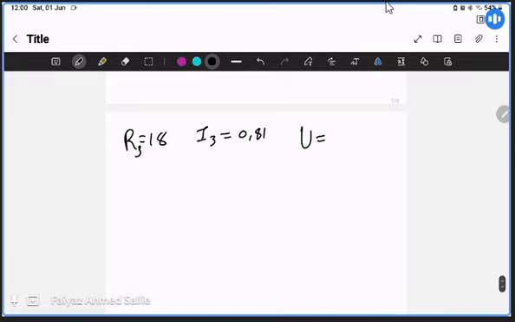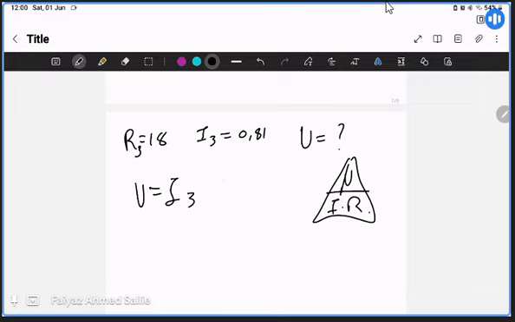So our voltage is going to be, let's calculate the voltage. The voltage is equal to I3 multiplied by R3.